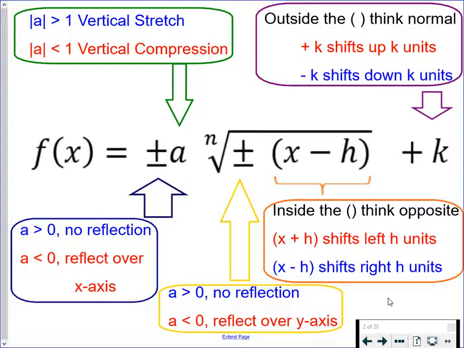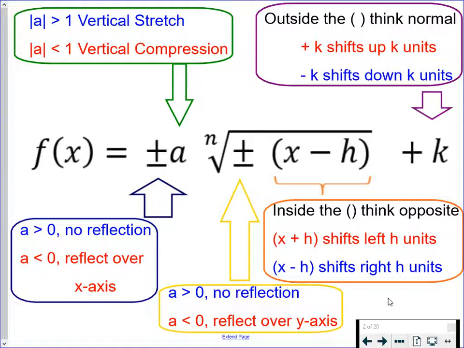The only one that's new is the yellow one. Because if we are looking at a parabola and we reflect that over the y-axis, what do we get? The same thing. So that's why we never had the reflection over the y-axis. But now we're looking at square root graphs and cubed root graphs.